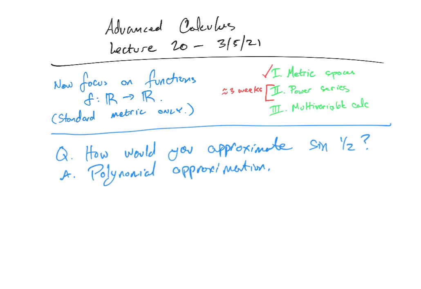Okay. Another answer would be, if you have a protractor around, you can actually maybe draw the angle and measure the sides and approximate the value of sine that way. Okay. But let's try a polynomial approximation.